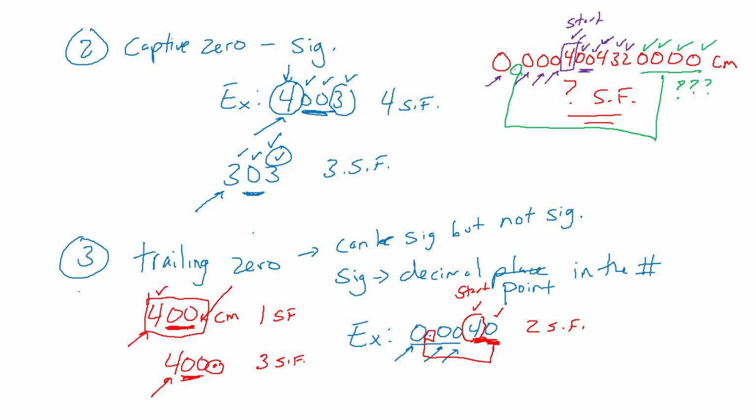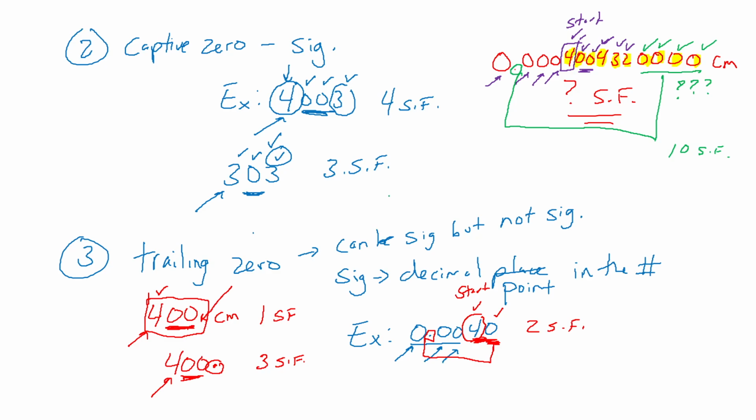So I lost track myself. Got a lot of scribble up on the page. Let's take a look. So we got 1, 2, 3, 4, 5, 6, 7, 8, 9, and a 10. So this particular number here would have 10 significant figures, and I think it has every type of zero you could probably imagine.